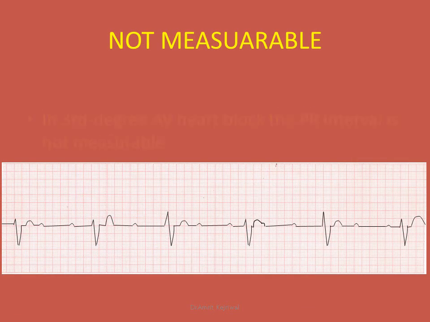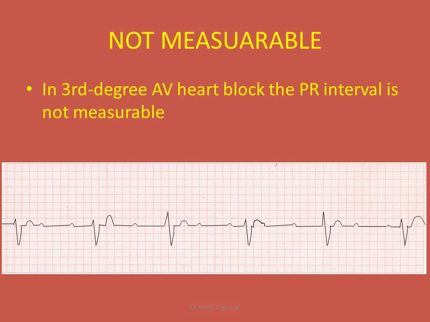Not measurable: in third degree AV block, the PR interval is not measurable. The P waves are shown in blue and at places they have merged with the QRS complex or the T wave shown in red. Here is the T wave, here a P wave has merged. Again the next P wave has merged with this QRS complex.